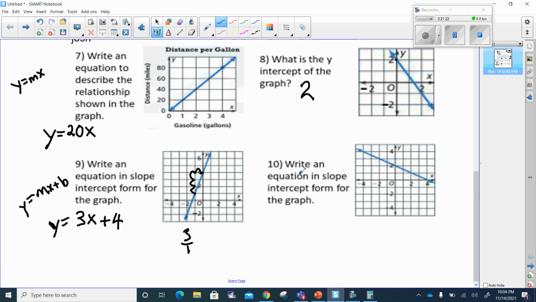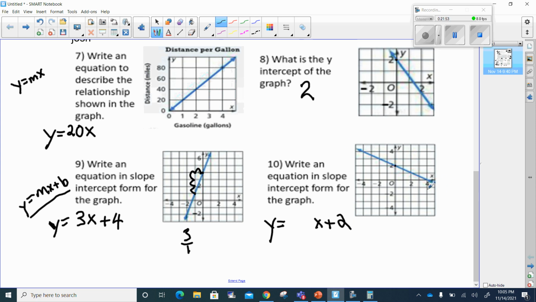All right, last one. Write an equation in slope-intercept form for the graph. Once again, it's not going through the origin, so I'll be using this formula, y equals something times x, and then plus b. It would be minus b if I saw it go down here, but it's not. I see it crossing through 2, so I'm going to put plus 2. Now I have to find the slope. This one's a little trickier.